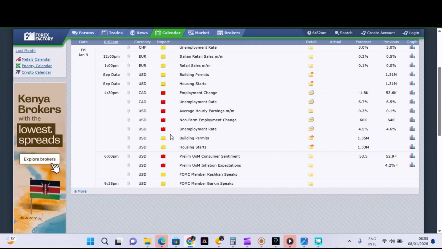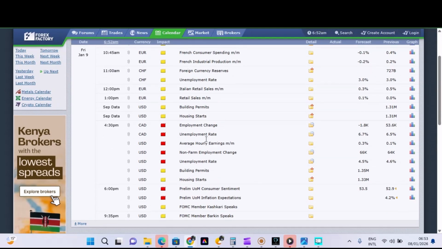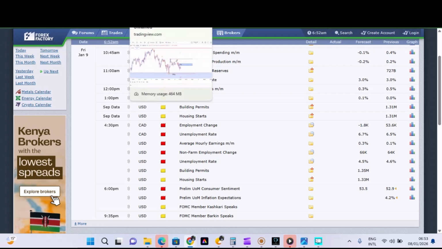High impact news for gold tomorrow is having 5 news. Non-farm employment change, average hourly earnings, unemployment rate, Prelim UoM consumer sentiment, Prelim UoM inflation expectations. So guys, tomorrow it's crazy.